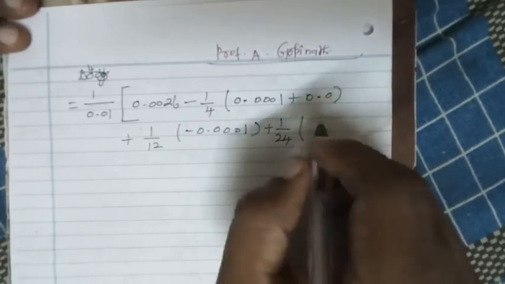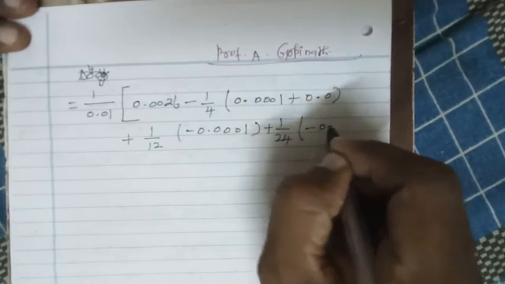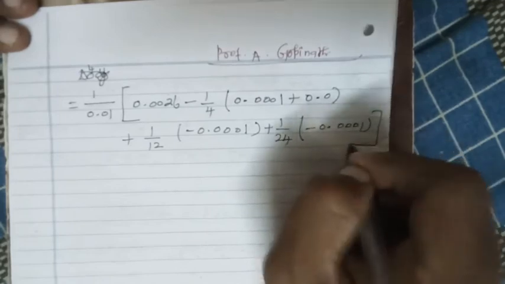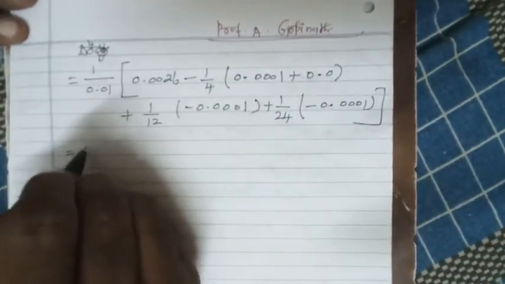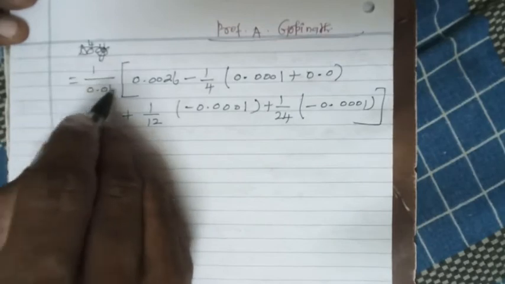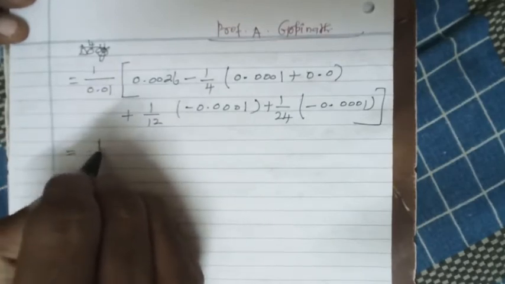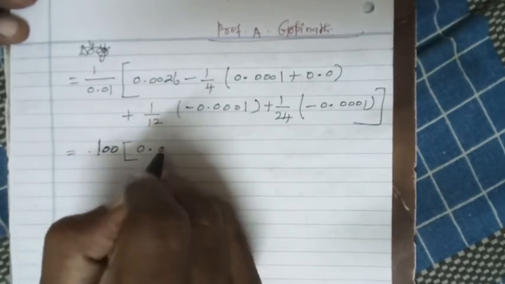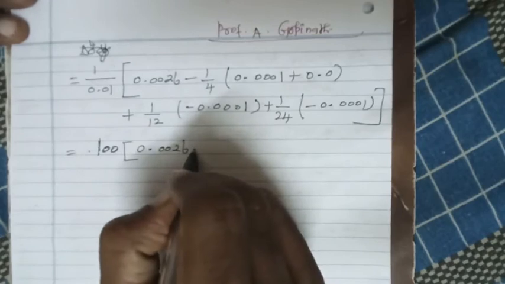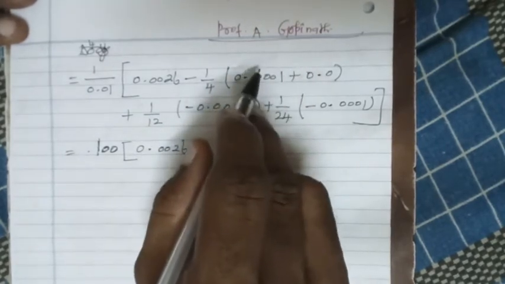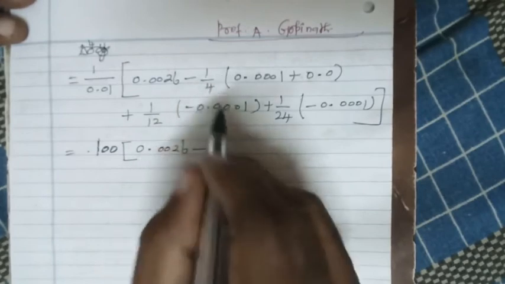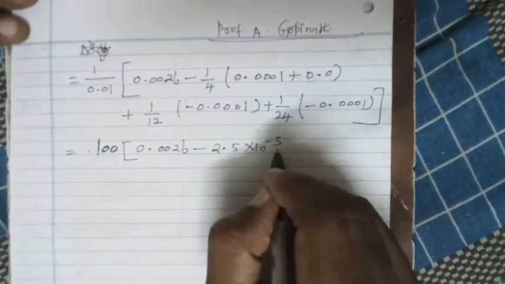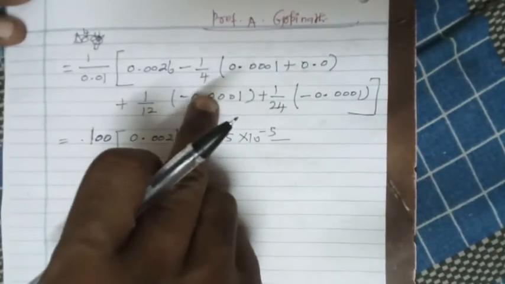So we can put 0.0001, and then this is for 1 divided by 0.01, we can divide, we can get the result 100 within bracket 0.0026 minus, add these two, that result divided by 4, it will get 2.5 into 10 to the power of minus 5, minus this result divided by 12.